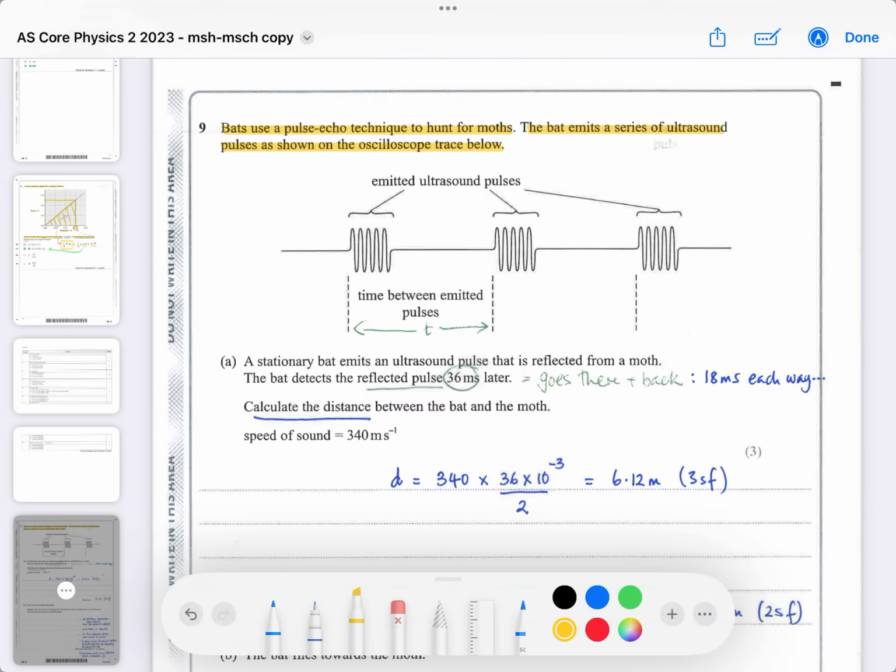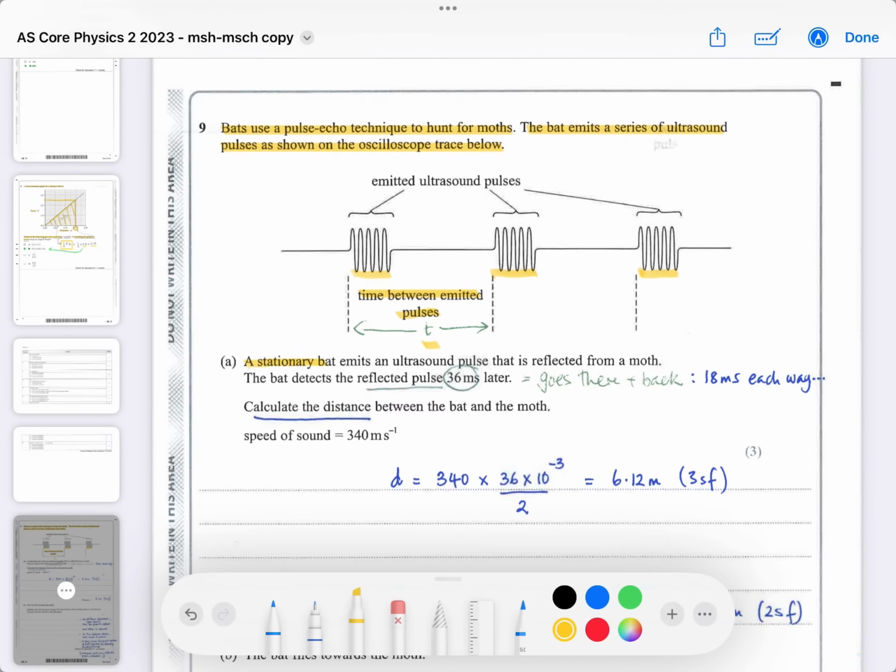So you can see each of the pulses are emitted for a short amount of time. So obviously this is the amount of time, the width of these pulses. Okay, so the pulses have their own duration, and then you've got the time between the pulses, and that's the time t.